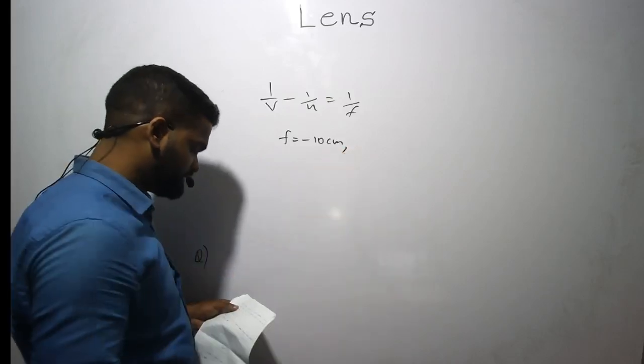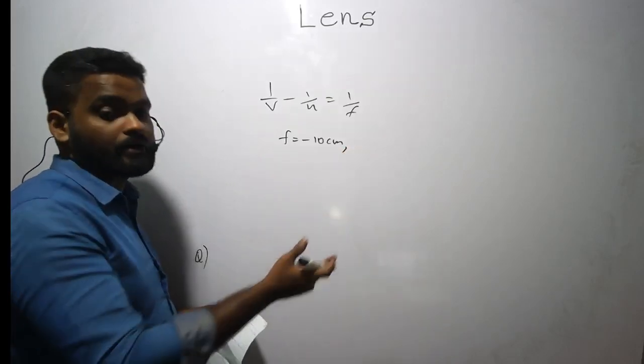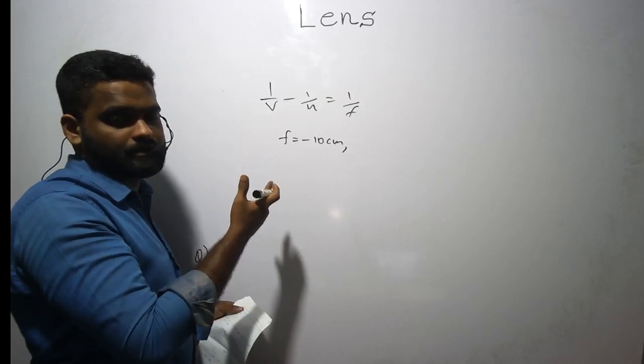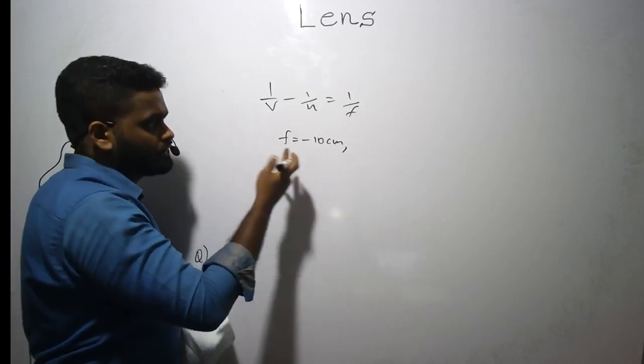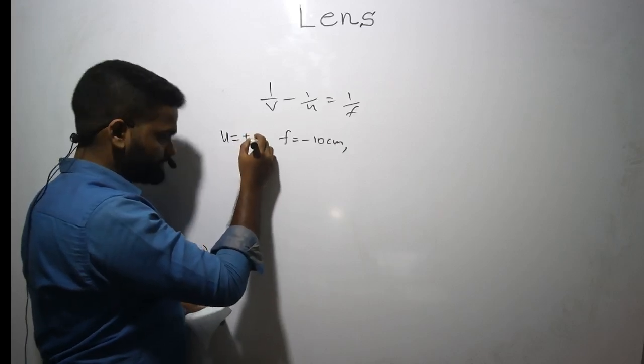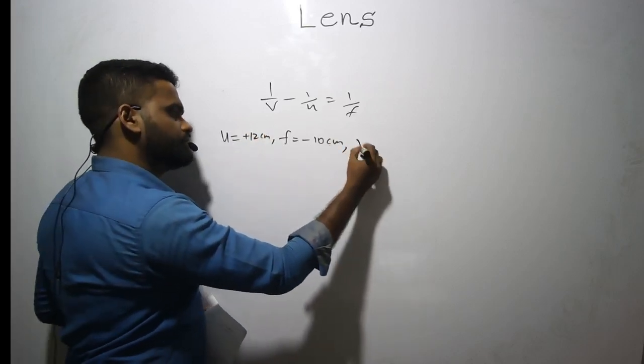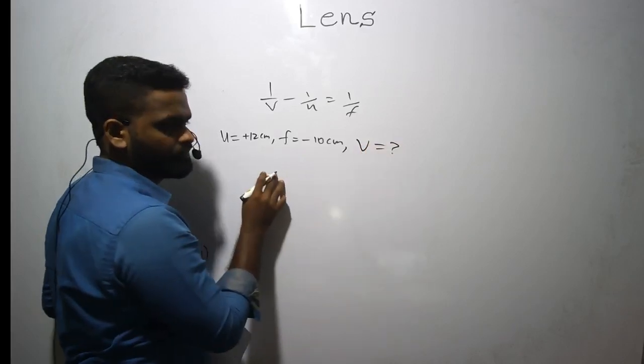Focal length minus 10. Object is placed in front of the lens, so you know that u should be plus 12 centimeters. Then what you need to find is v.